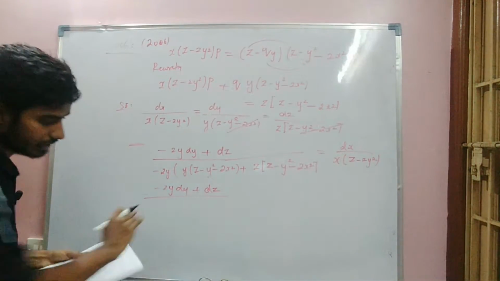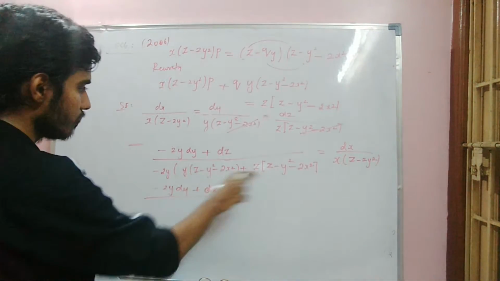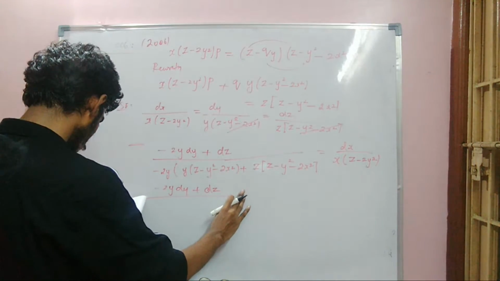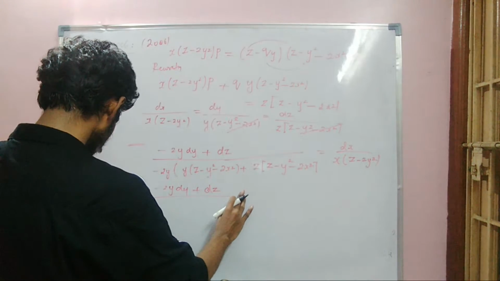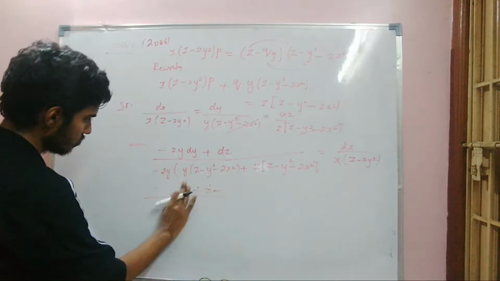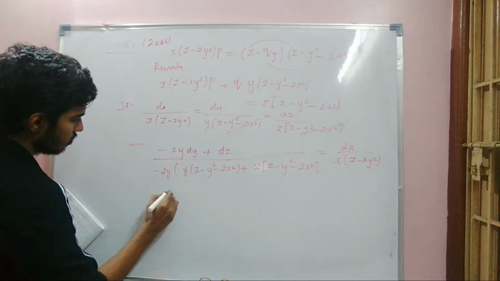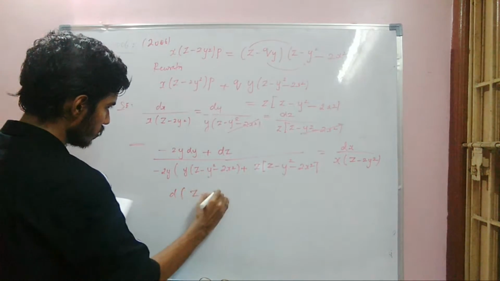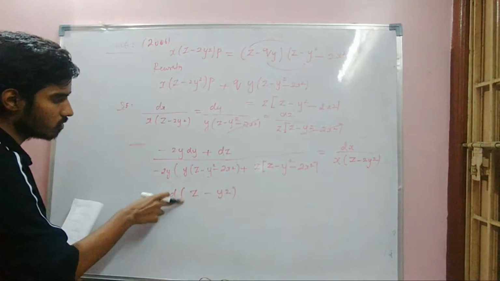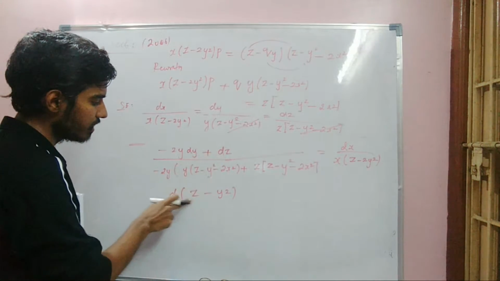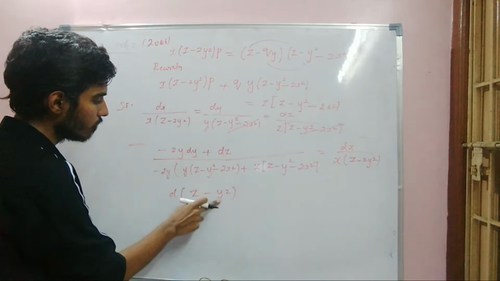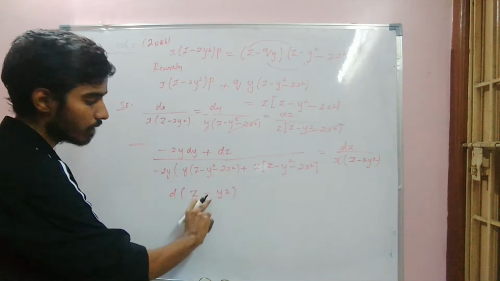Okay, I'll straight away write the answer. You just have to multiply and then cancel the like terms. If you do that, you are going to have this equal to d of z minus y square. This is natural, right. So dz is d of z, and I can write minus 2y dy to be minus y square, and differentiating we will have minus 2y dy.